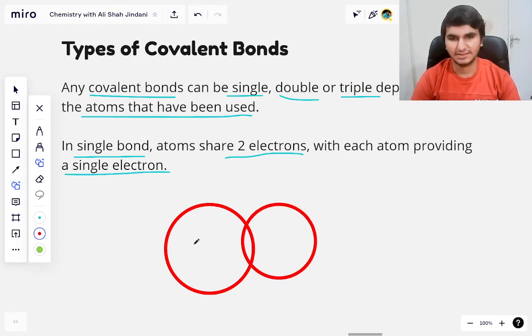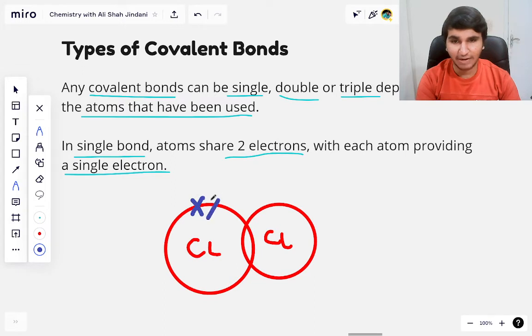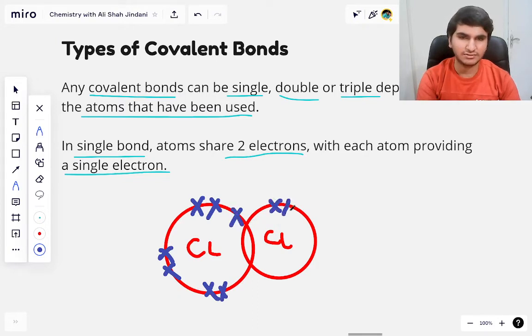Now, these two are the chlorine atoms. This one has 7 electrons in its outermost shell, as we have discussed already. So chlorine has 7 electrons: 1, 2, 3, 4, 5, 6, 7.